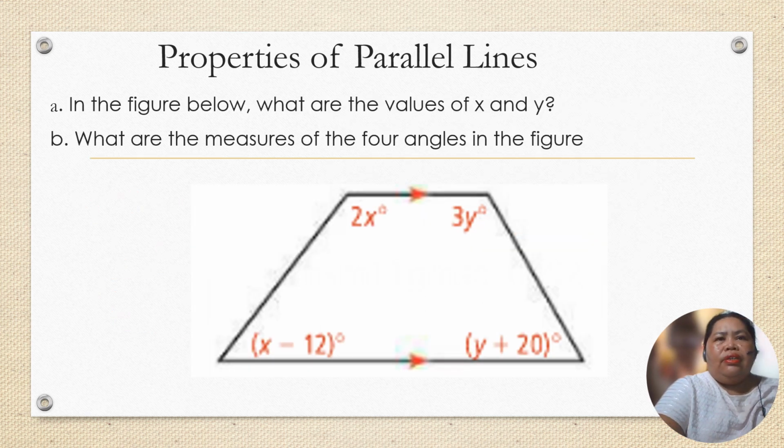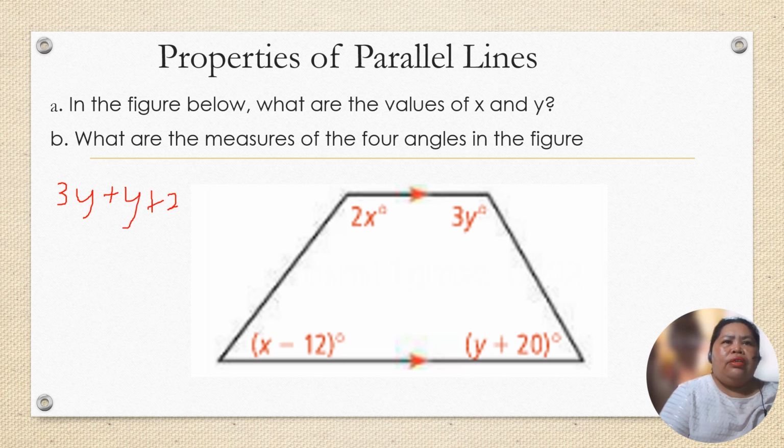Okay, now the figure below, what are the values of x and y? What are the measures of the four angles in the figure? So first, we need to find the answer for it. So let's do 3y plus y plus 20 is equal to 180.